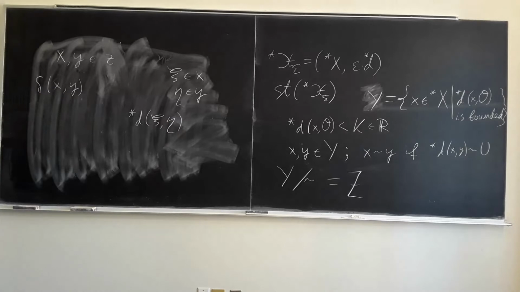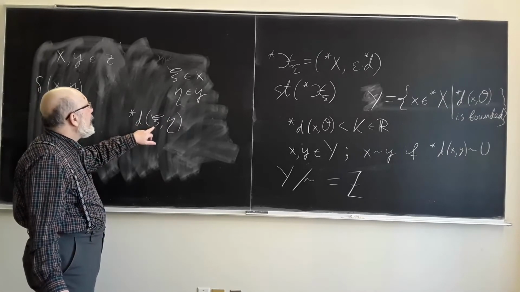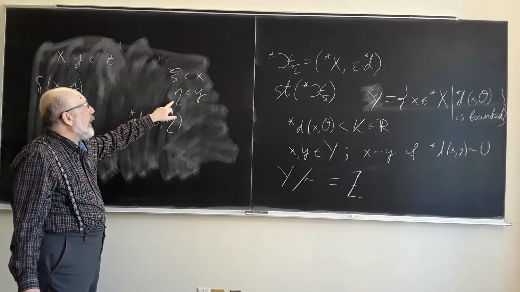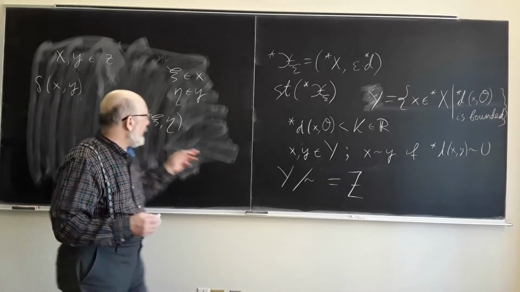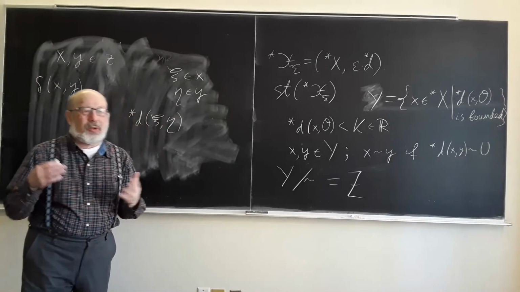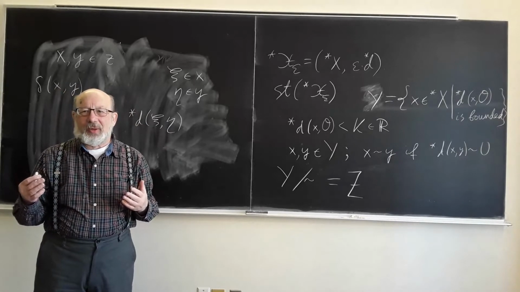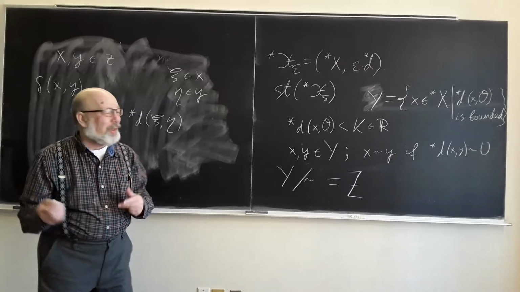Now, if you take a different xi in X and a different eta in Y, then this distance will change by an infinitesimal number, by definition. I have to use the triangle inequality here.